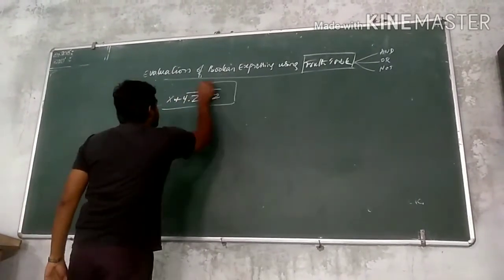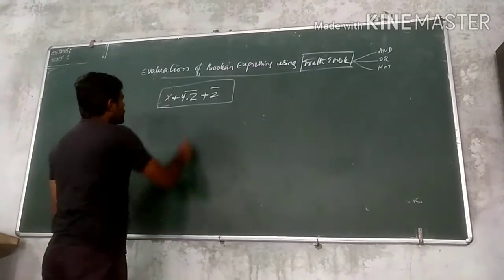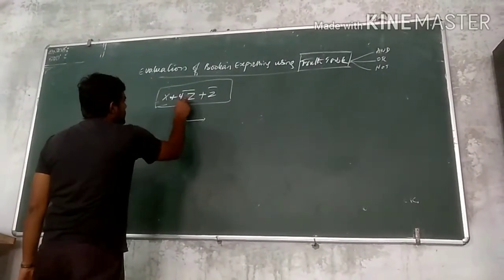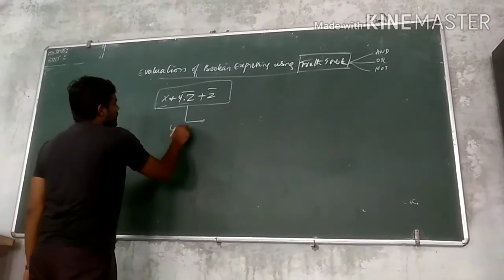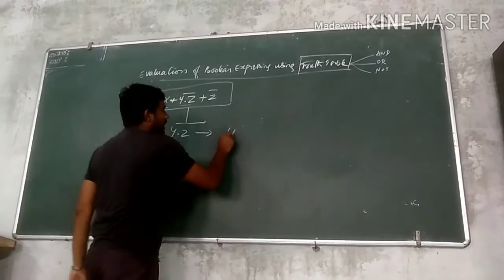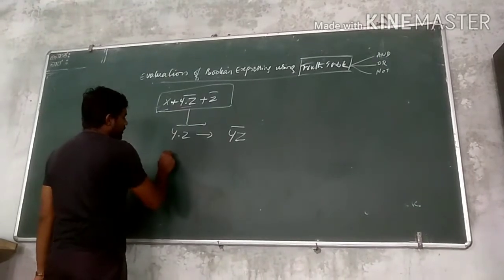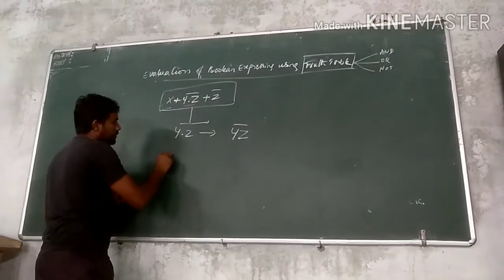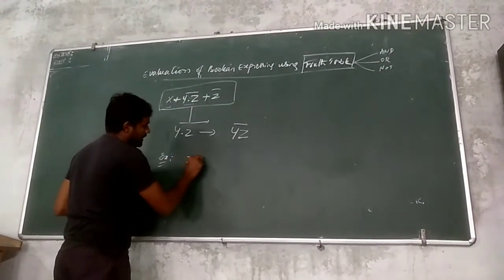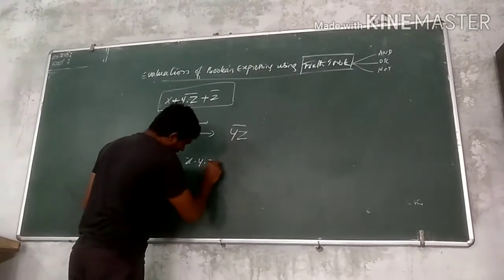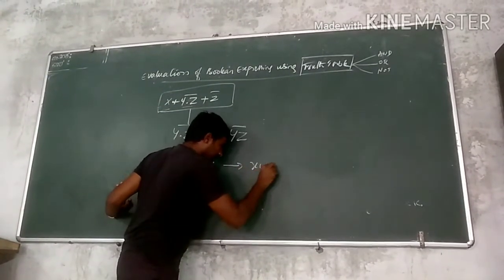This is the Boolean expression we need to evaluate here. These kinds of expressions can be written as y z complement. Clear? And if, for example, we have the expression x dot y dot z, it should be written as x y z.